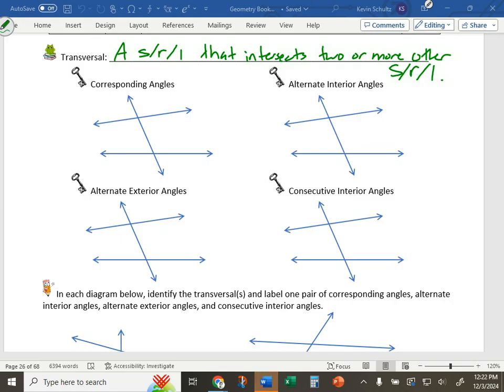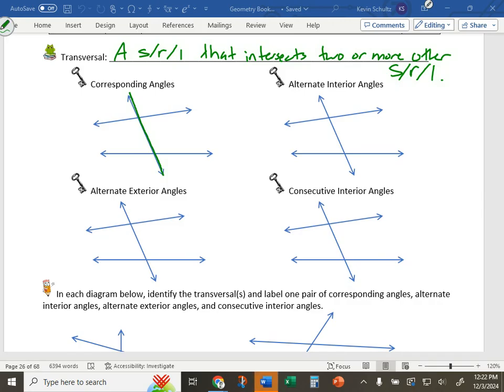Okay? A segment, ray, or line that intersects two or more other segments, rays, or lines. So, in this case here, our transversal would be this line coming through here because it intersects the other two.